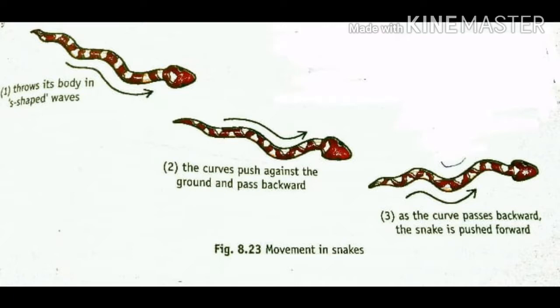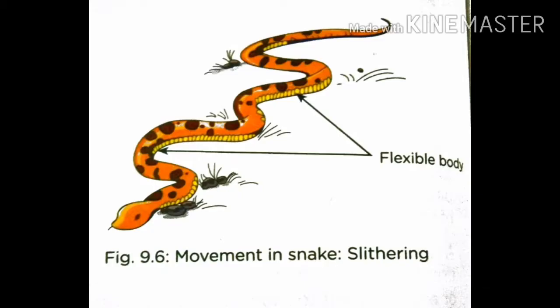Third one, as the curves pass backward, the snake is pulled forward. Through this way, the snake moves on the ground.